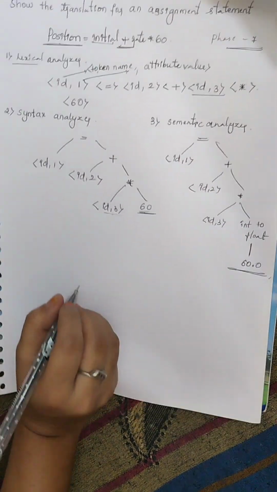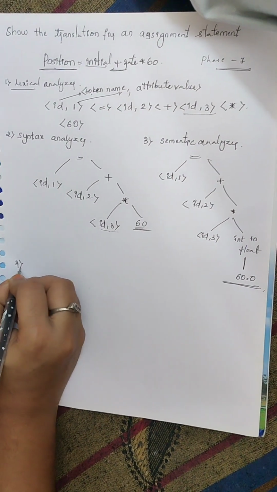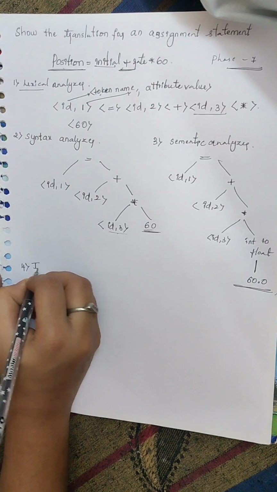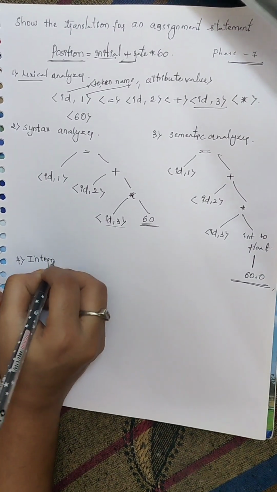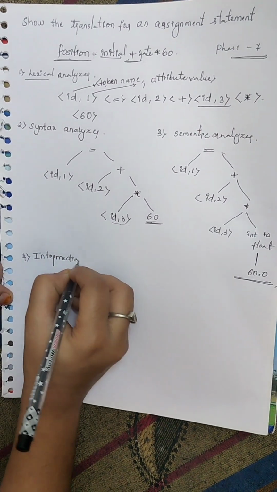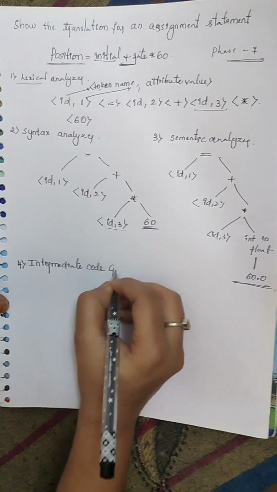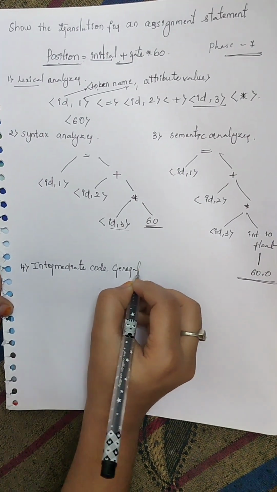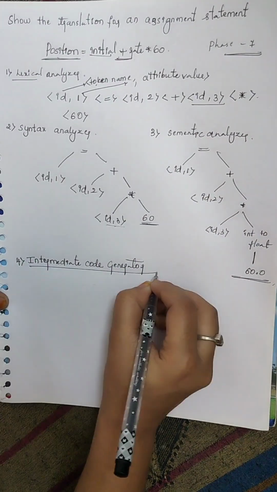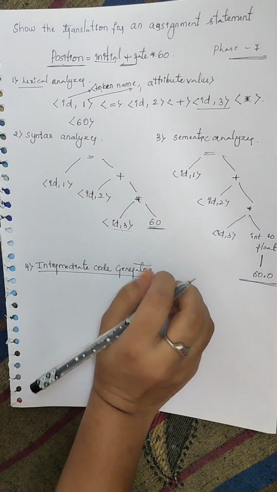The fourth phase is the intermediate code generator. Here we are using the three address code.